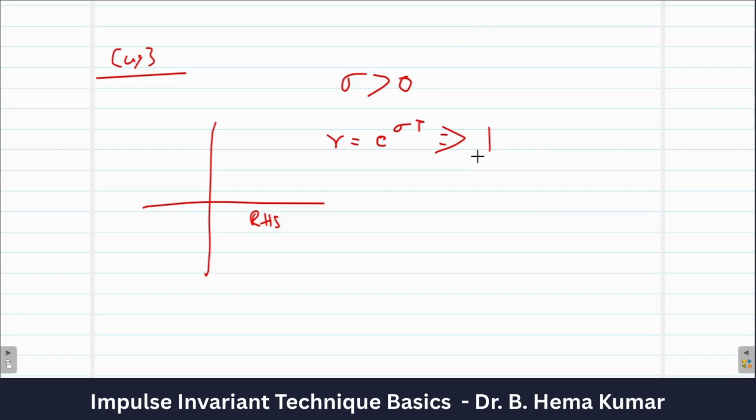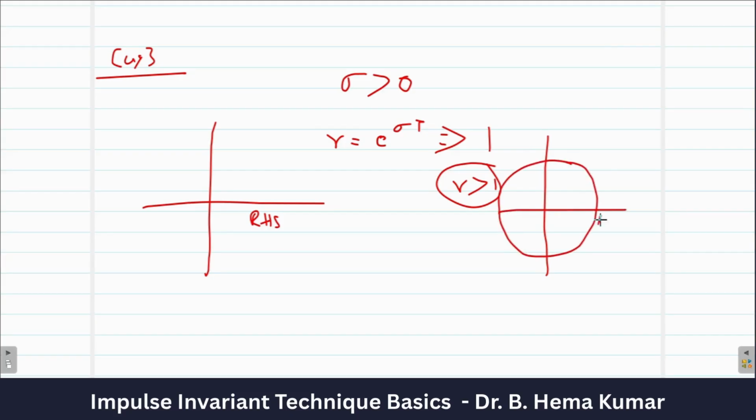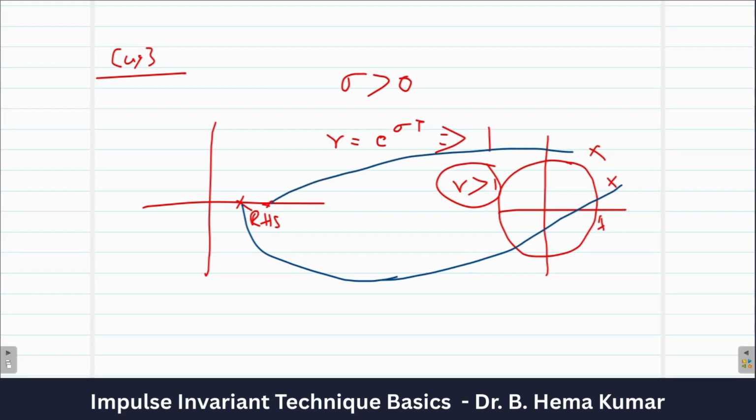What does it mean? In your z domain, this is your unit circle, and the poles are outside the unit circle. So the right hand side of the S plane maps onto the outside of the unit circle. That's the third condition. So all three conditions are satisfied.